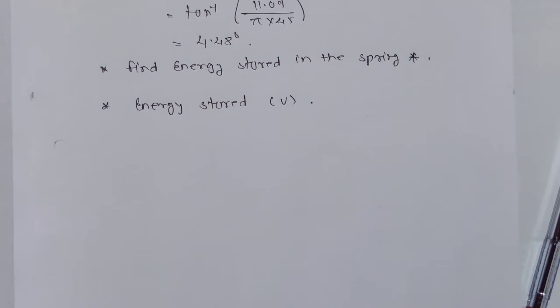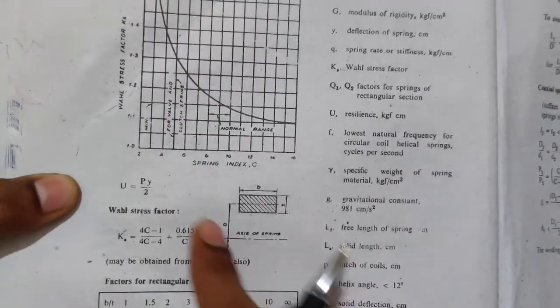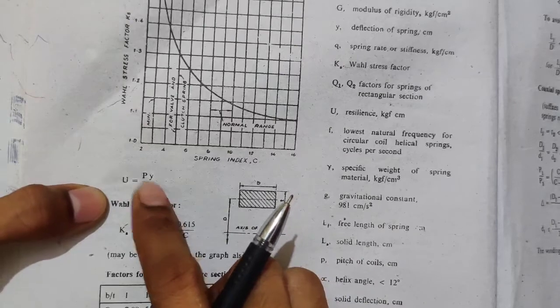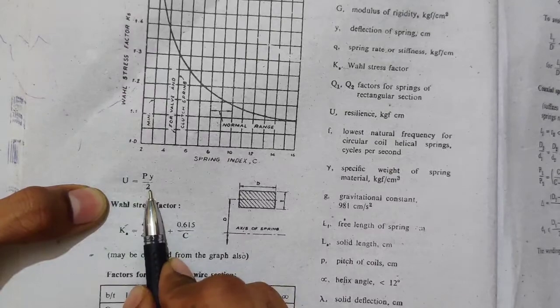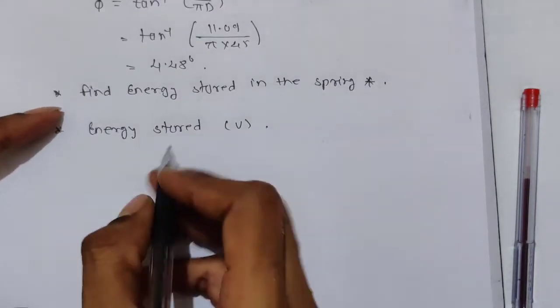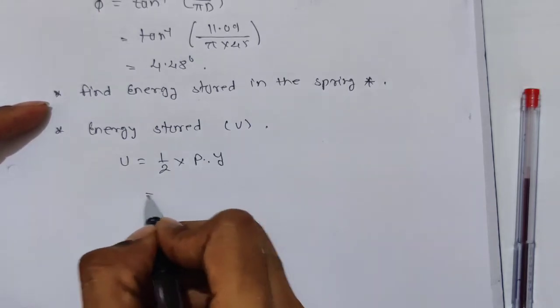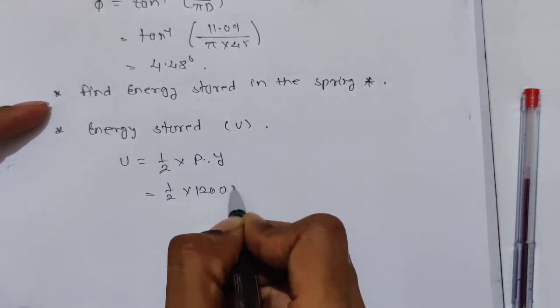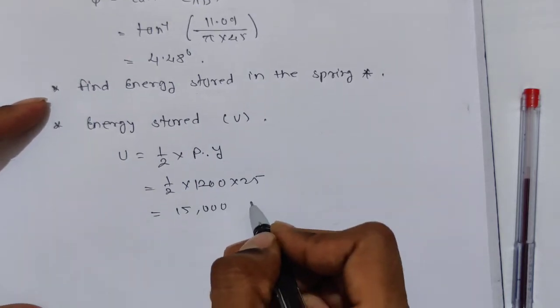The formula is given in PSG 7.100, as P into Y by 2. So this P is the maximum force, Y is the deflection, divided by 2. U is resilience or energy stored, that is 1 by 2 into P into Y. Here for P you have to consider the maximum load, so it is 1200 into 25, and you will get something like 15,000 Newton mm.